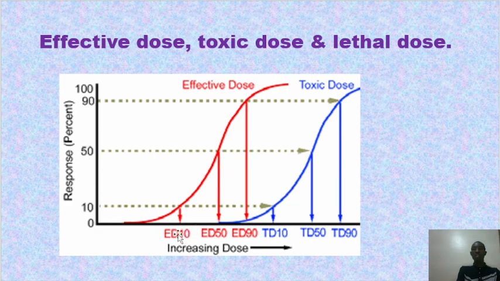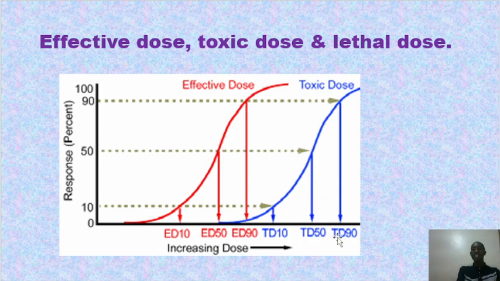If we say ED10, we mean the effective dose at 10% of the population. If we say ED50, we mean the effective dose at 50% of the population. If we say TD10, we mean the toxic dose at 10% of the population. If we say TD50, we mean the toxic dose that can cause adverse effects in 50%.